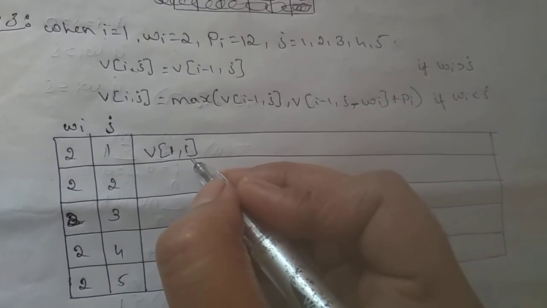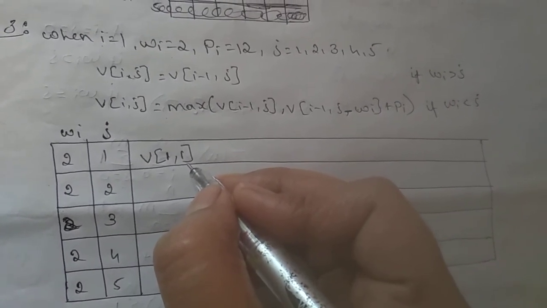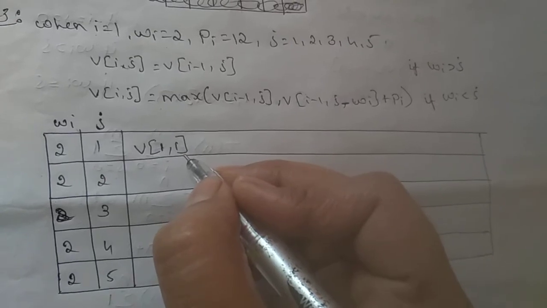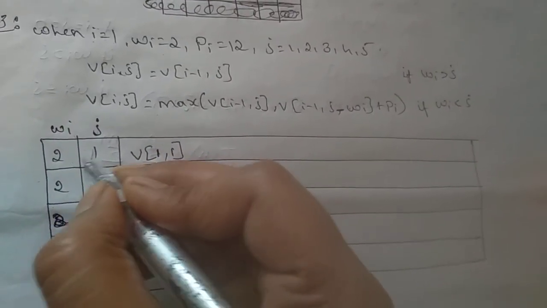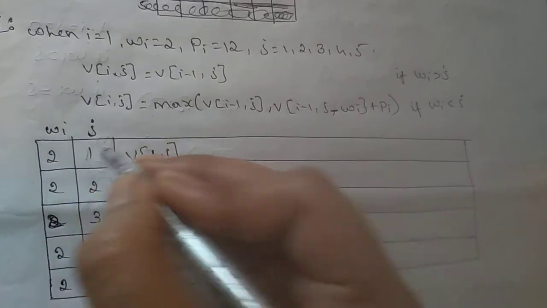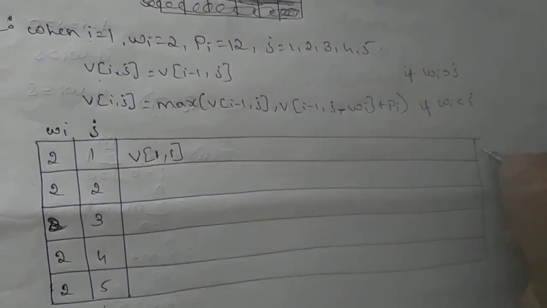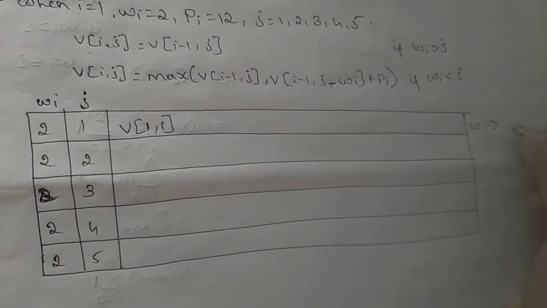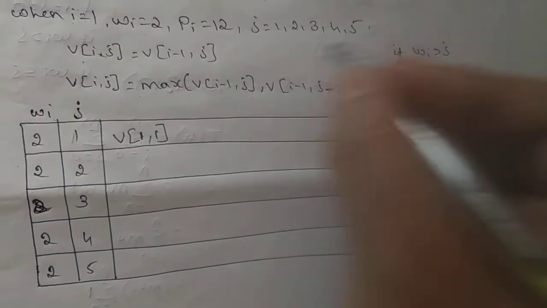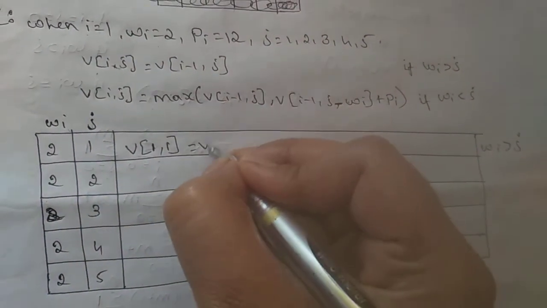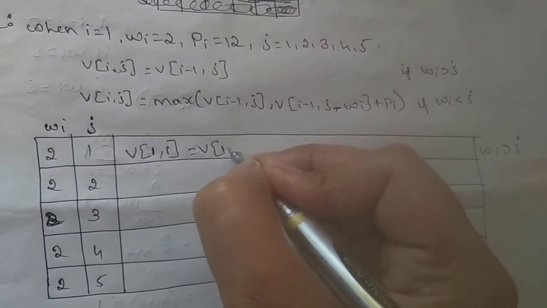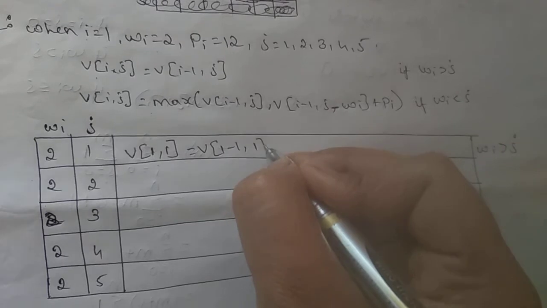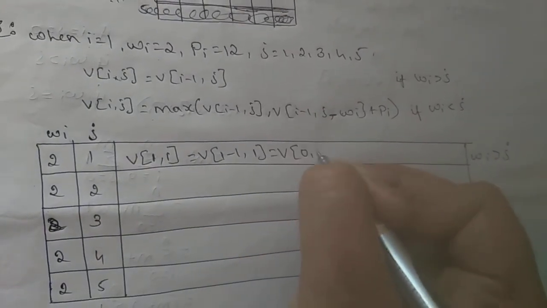Before calculating, you have to check whether the weight is greater than j or less than j. Now the j value is 1, weight is 2. Here wi is greater than j. If wi is greater than j, what is the formula? V of i minus 1, j. The i value is 1, so 1 minus 1, and you get V of 0, 1.